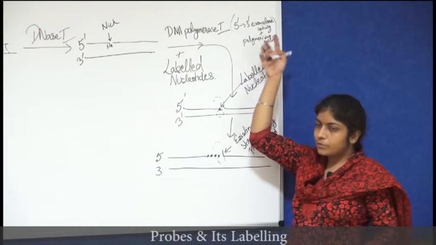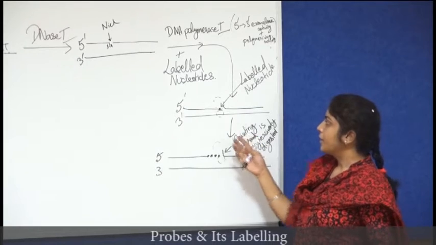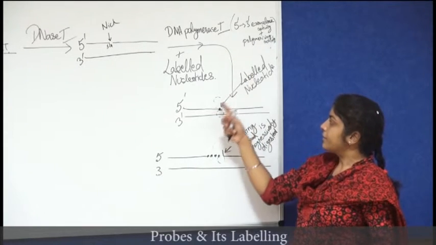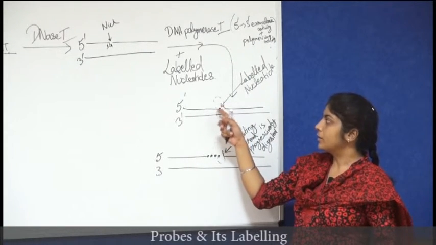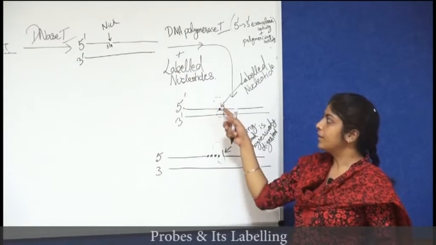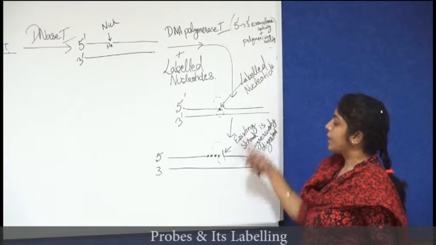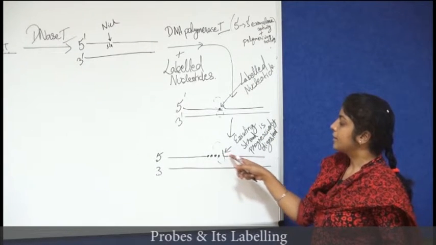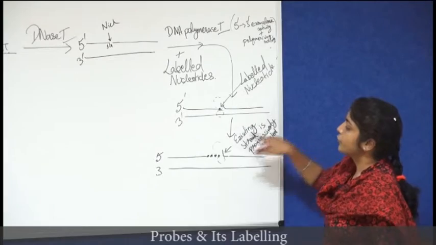So, using both these activities, what is it doing? It is using polymerizing activity, adding labeled nucleotides at the free 3' OH group of the nick, and by using its exonuclease activity, it is replacing the existing strand in the 5' to 3' direction.